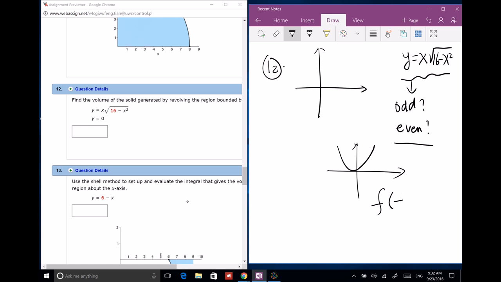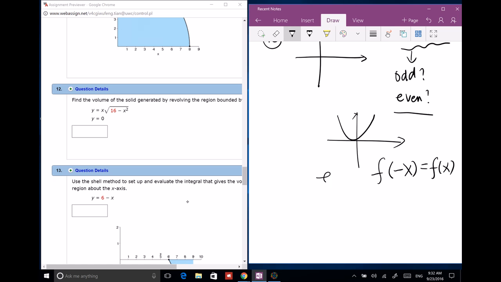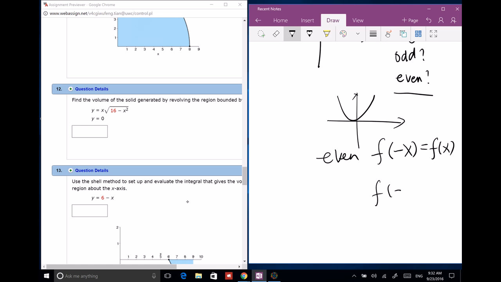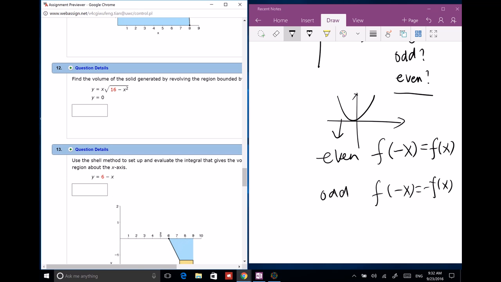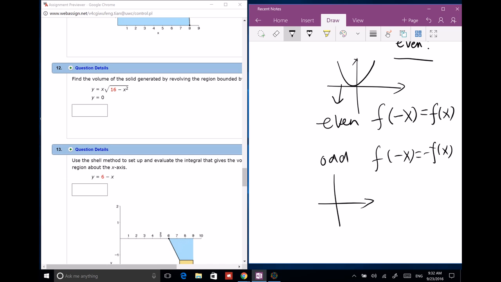If it's an even function, you will have f of negative x equals f of x itself. An odd function is f of negative x equals negative f of x. The even function is symmetric with the y-axis. The odd function is symmetric with the origin. For example, y equals x cubed, and for example, y equals x squared.